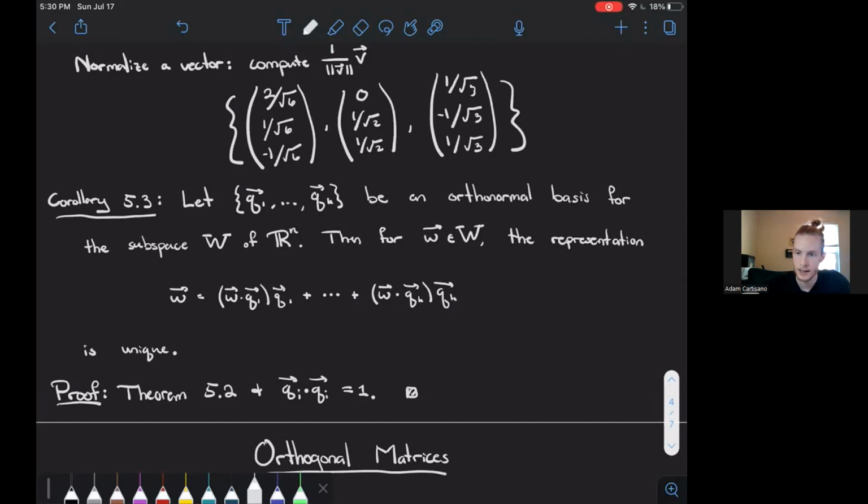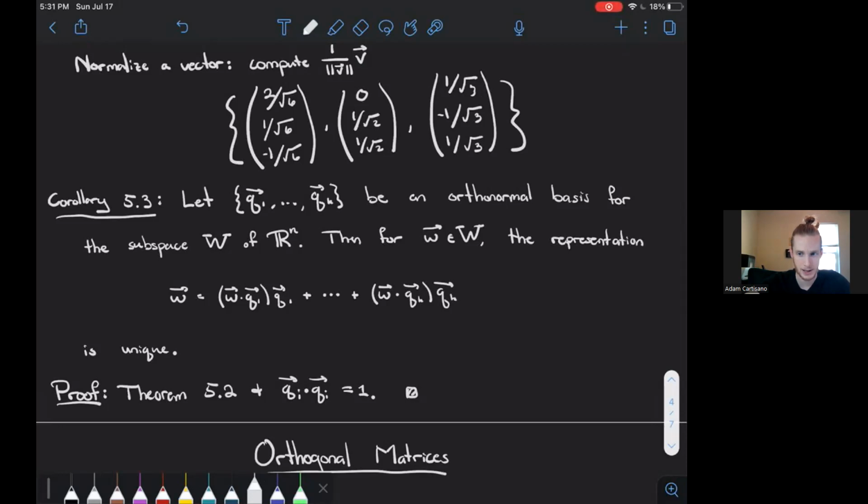Because I could have written it as c1 q1, c2 q2, all the way up to ck qk. That we already know is unique. But I also have a formula for each of the ci's, and it's literally w dot qi. That's it. Every single time, it doesn't matter what orthonormal basis you have, w dot qi is the scalar for the linear combination of the qi's that produces w.